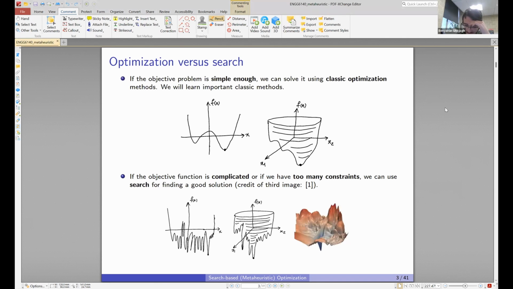Consider that the objective function in the optimization problem might be simple enough. It means that it's not very complicated, although it might be non-convex. In these cases, we can use classic optimization. Whatever we have learned so far in this course were classic optimization methods.